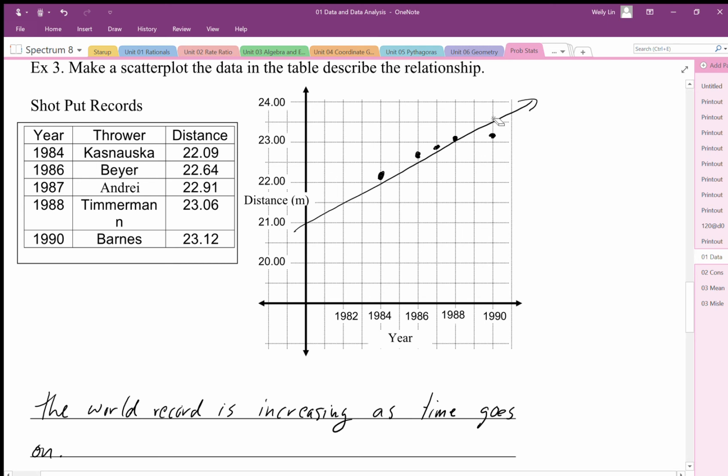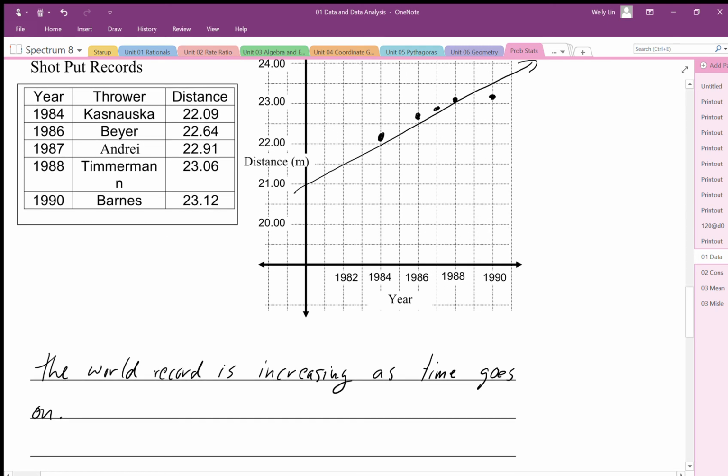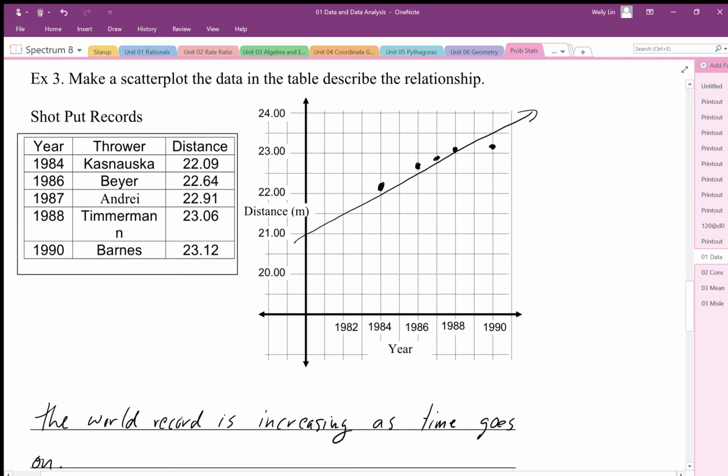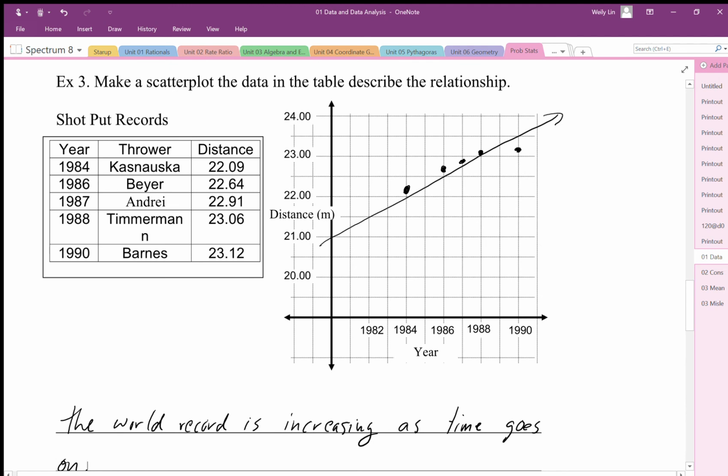There could be some explanations for this. Maybe since 1988, there was a big drug scandal in the Olympics. Maybe because of that, people stopped using performance enhancing drugs, and that's why these world records were tailing off at that point.